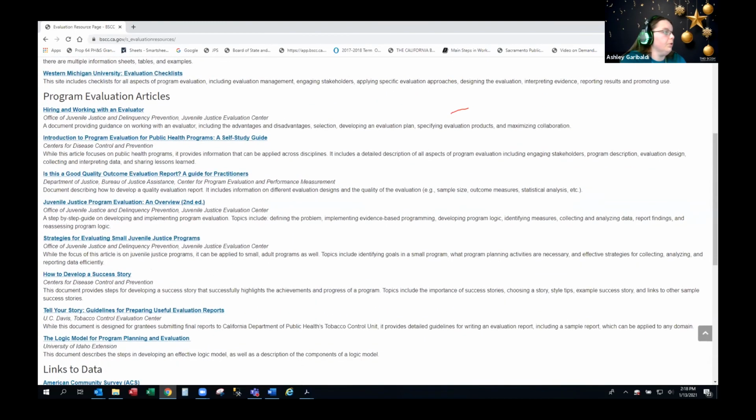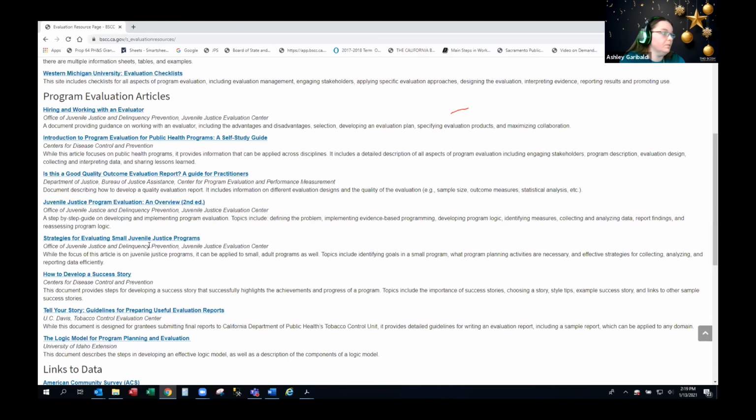Let's see. Then program evaluation articles, these are all great for helping maybe if you decide to hire and work with an evaluator. There's a paper about that. And then, how to understand whether or not it's a good quality outcome evaluation report, juvenile justice program evaluations, strategies for evaluating small juvenile justice programs.